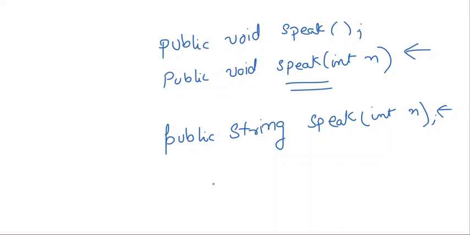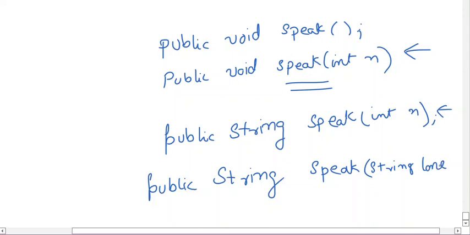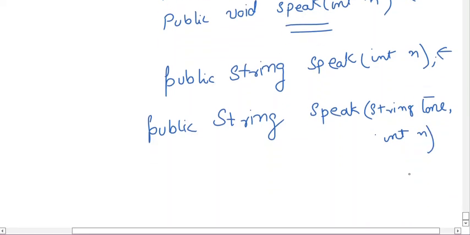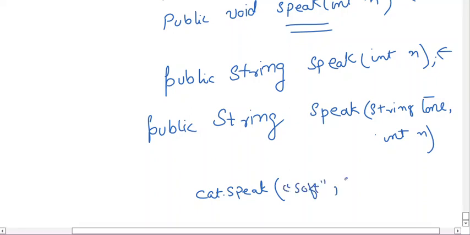So let me give you another example, in which I change the argument list as well. Say I'm going to return a String and I say speak, and let me say there is a string which has a tone, like it could be soft, and how many times I want to speak. Now when I call this overloaded version of speak, I will say cat.speak("soft", 5) for example, 5 times.